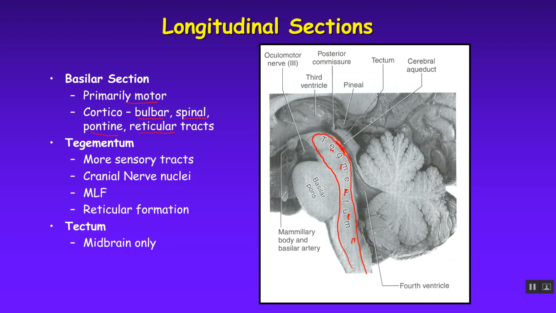This is also where your medial longitudinal fasciculus lies, that connection between the superior and inferior colliculus, the vestibulospinal tracts, and all that stuff. That is in the tegmentum. And then running throughout most of the entire tegmentum, right in the center of it, is this area called the reticular formation.